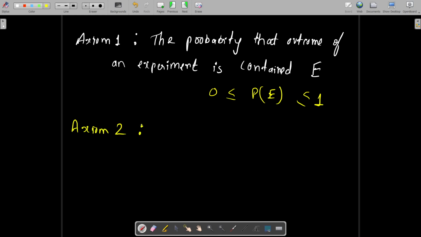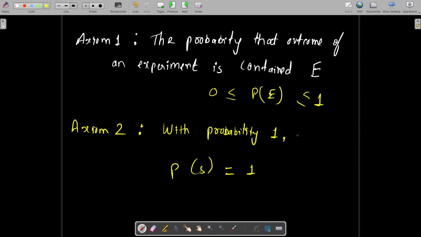So what does axiom 2 mean? Let me write that. It states that with probability 1, because we have P(S) = 1, right?